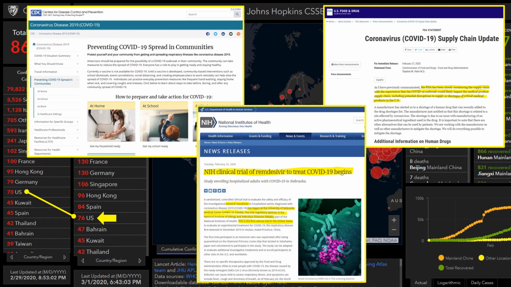And then we have the National Institute of Health announcing that the clinical trial of remdesivir has begun in the United States. Now, I think that already started in China. This is a new drug. It's a new AIDS drug.